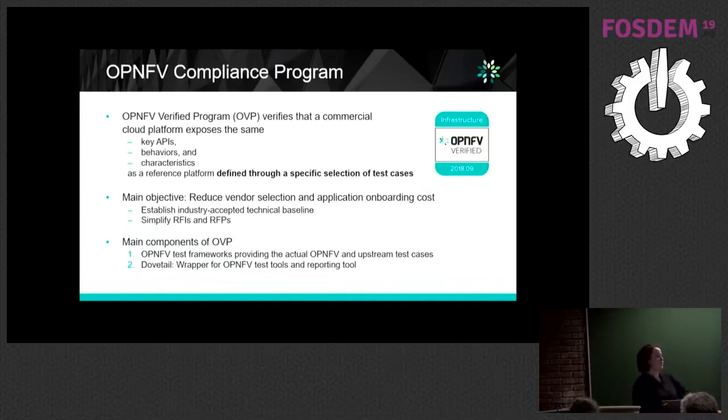Dovetail will take a bunch of test cases that have been defined by Functest and Yardstick and perhaps a few others, and it runs these and reports on whether or not your platform has passed. For the moment, they're focusing just on functional tests, because when you're talking about commercial platforms, performance tests are a little bit controversial when you're trying to define a standard platform.